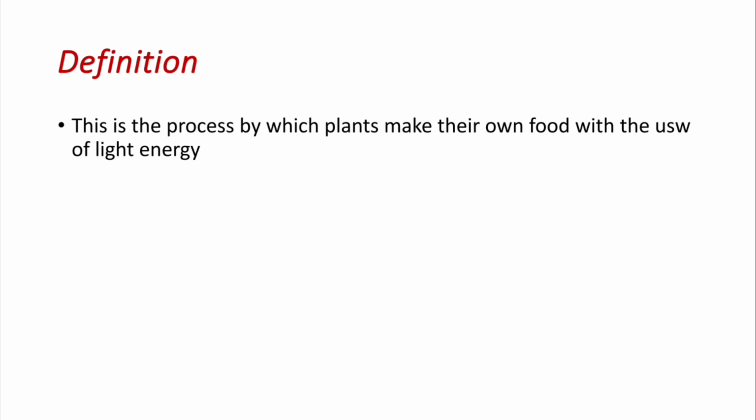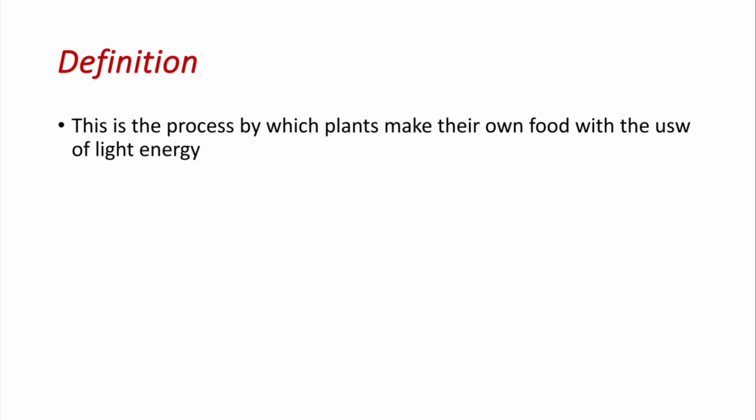So under autotrophic nutrition, we've got two types: phototrophic nutrition and chemotrophic nutrition. Plants carry out phototrophic nutrition, which is a type of autotrophic nutrition. And I will define it again. Phototrophic nutrition is a type of nutrition where an organism makes its own food using light energy.